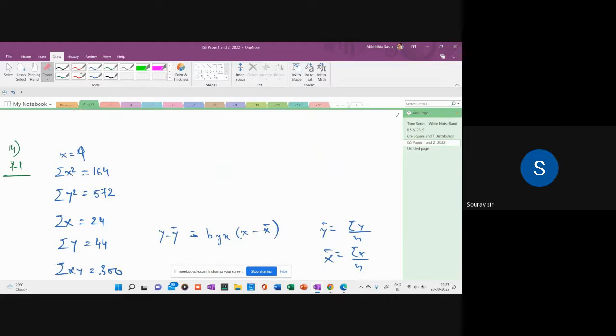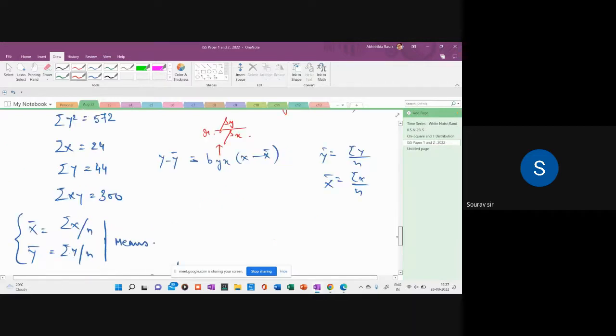So let me write it properly. And what is this byx? Byx is r into sy by sx. This is the notation.